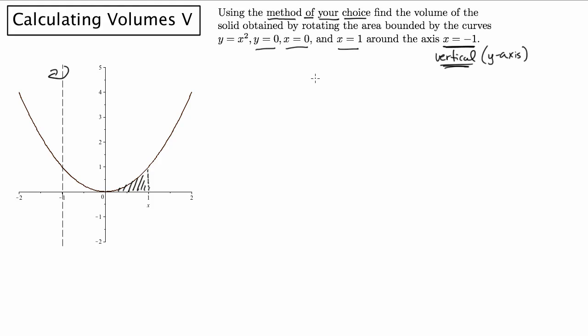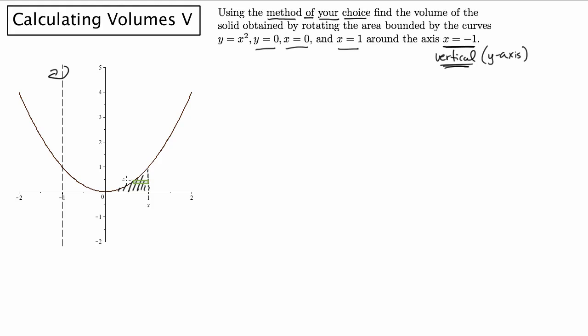Well, we have choices here. If I went disk method, then a typical rectangle for disk method would be something like this. So if I rotate that, I get a washer, so this would end up being the washer method. The only problem with that is you notice that the right side is 1 and the left side is the line y equal x squared.